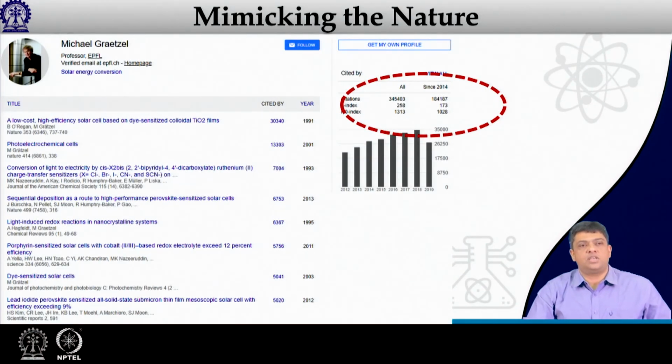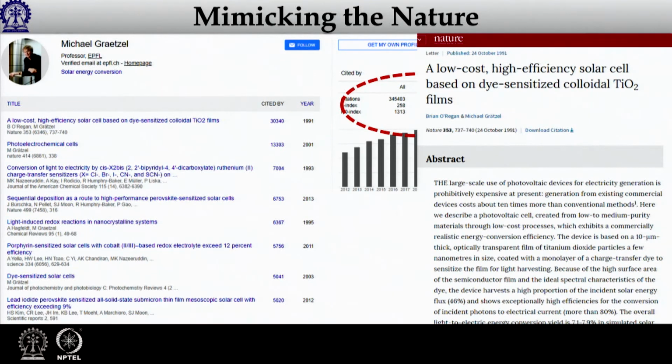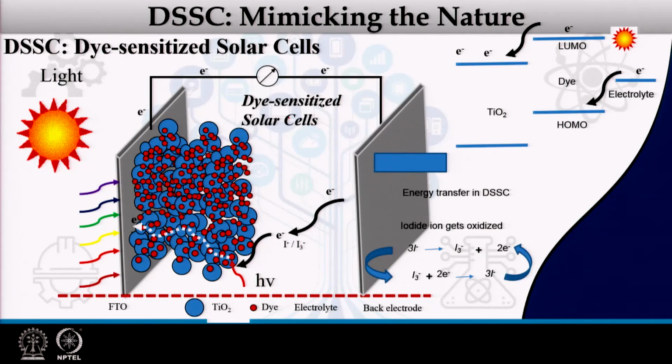So, the first one was given by Michael Gratzel, and that was the dye sensitized solar cells, where the Gratzel group actually tried to mimic nature, and it was reported in 1991, and if you look into the citations, more than 30,000 people have referred to this paper in their own publication. So, it brought a new generation of solar cells into reality.